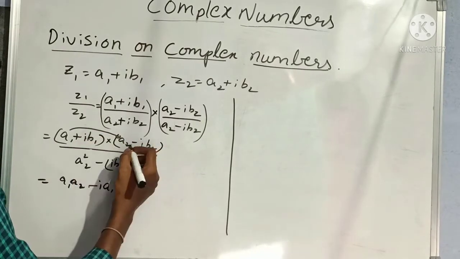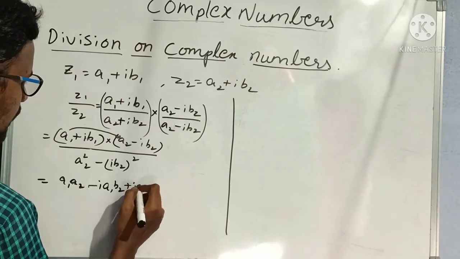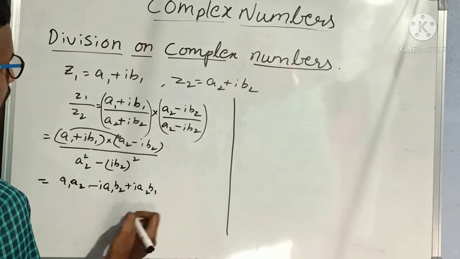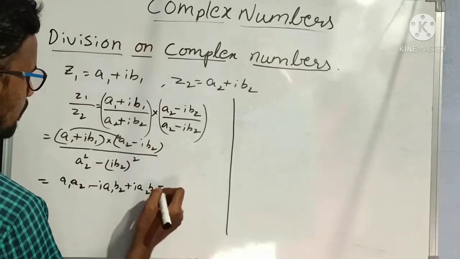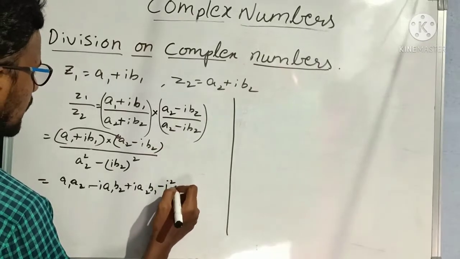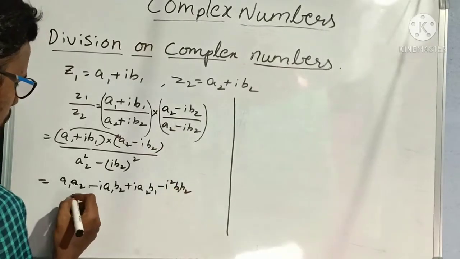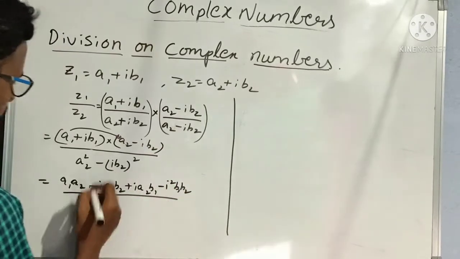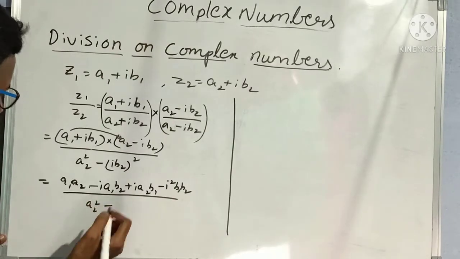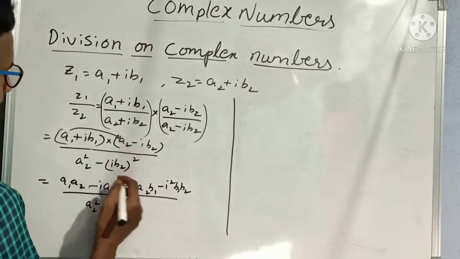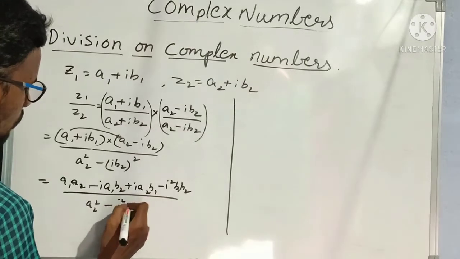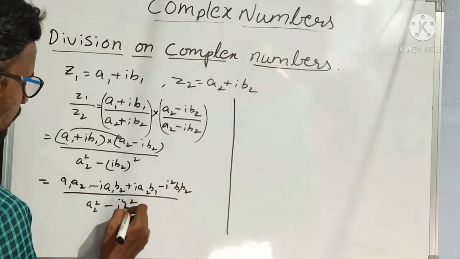So iB1 into A2 is i A2B1. Again plus into minus, minus i square B1B2, whole divided by this A2 square as it is, minus this one I can write i square B2 square.